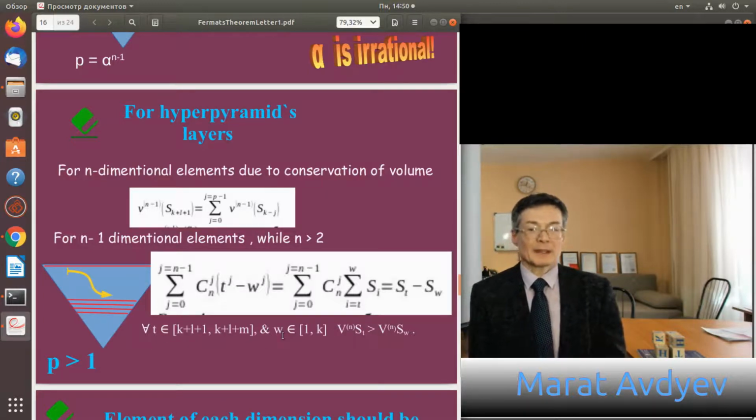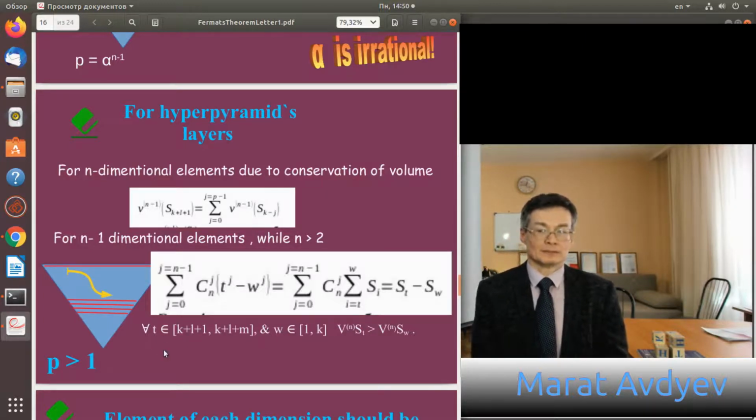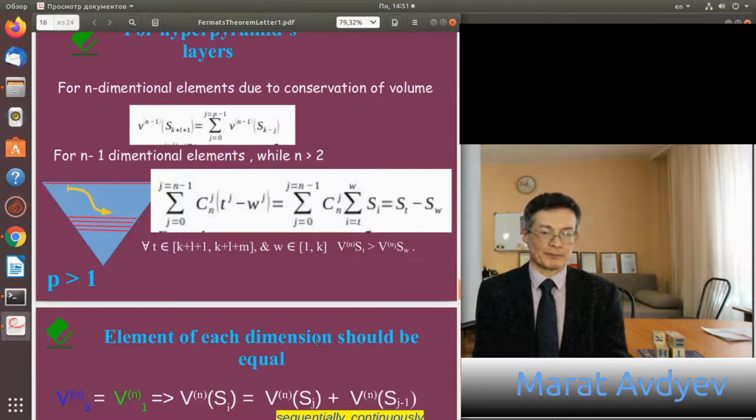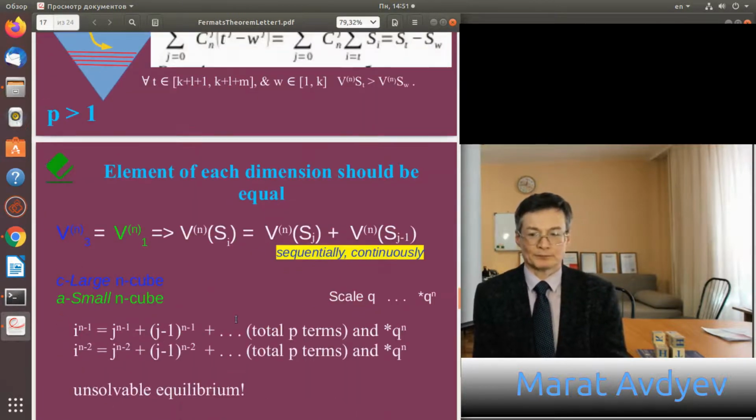Here one can see the condition. Interval 1 between 1 and k, another interval between k plus l plus 1 and k plus l plus m. Above we described these variables k and m, layers.